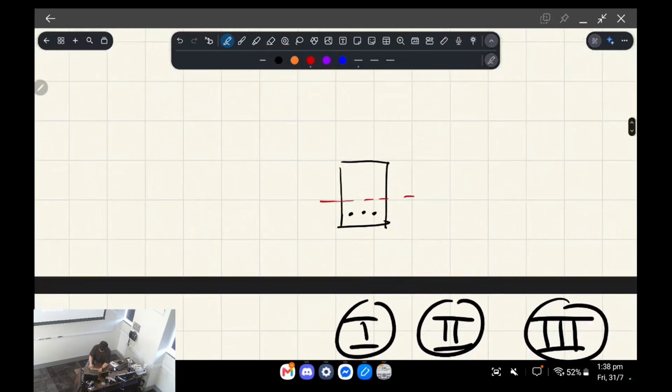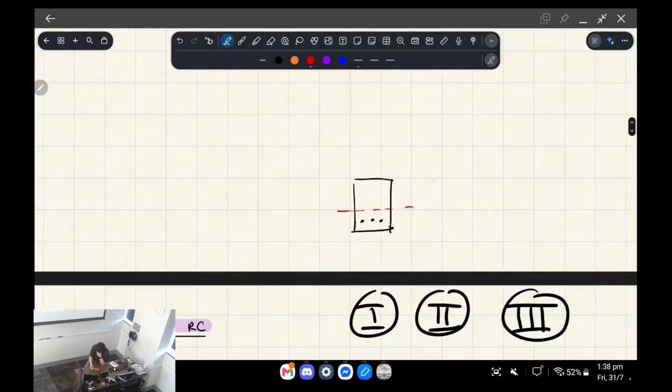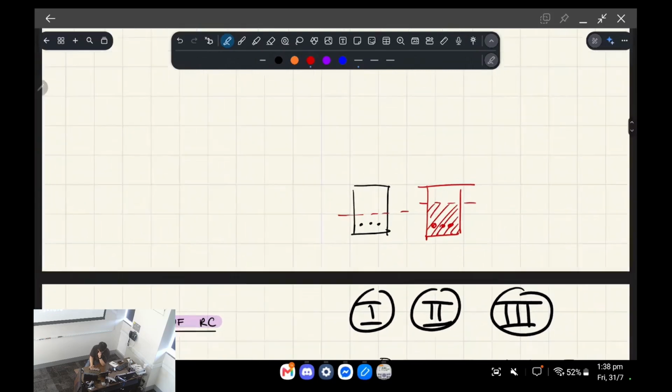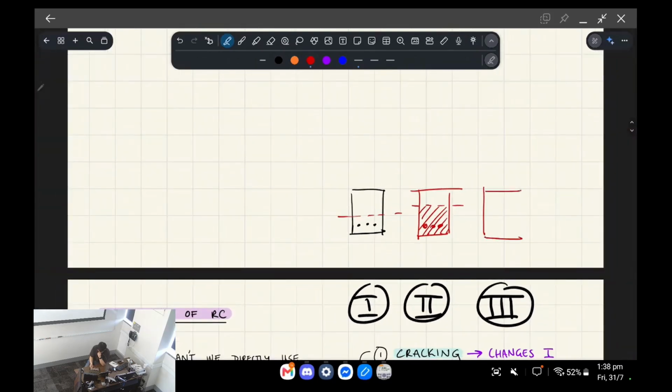Then in the second stage, the neutral axis will move up because all of the concrete below the neutral axis gets cracked. And then in the third stage, which is what our ultimate flexural stage is based on, the neutral axis will move up even more, and there'll be a little bit of non-linear material behavior for the concrete.